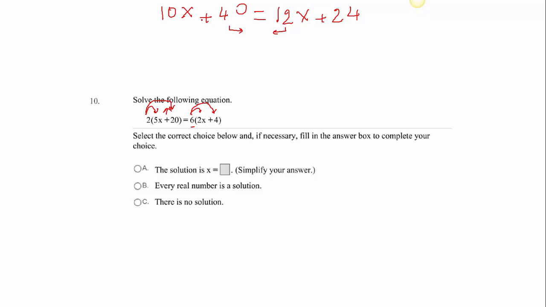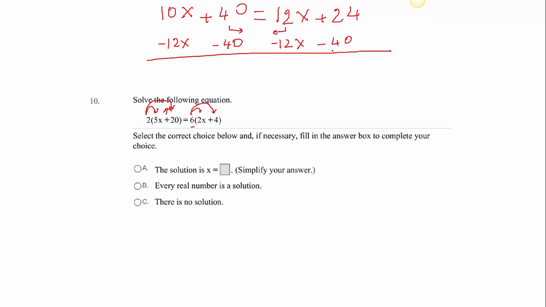To move a term to the left side, in this case, I'm going to subtract 12x. To move 40 to the right, I'm going to subtract 40. So I just add the opposite. But if I add negative 12x on this side, I have to add negative 12x also on this side. If I add negative 40 on this side, I have to add negative 40 on this side too.